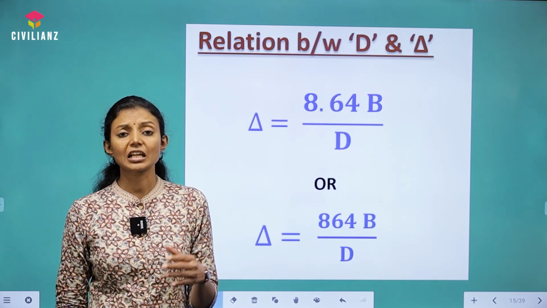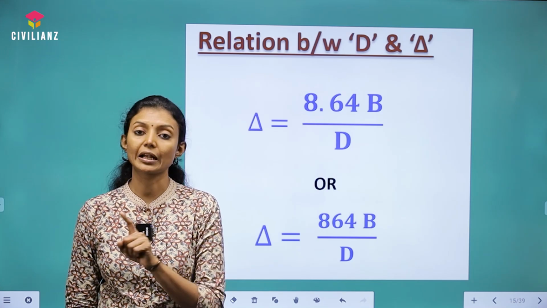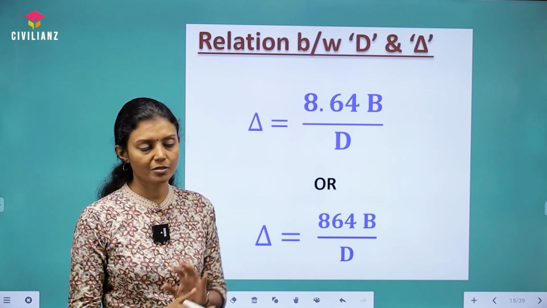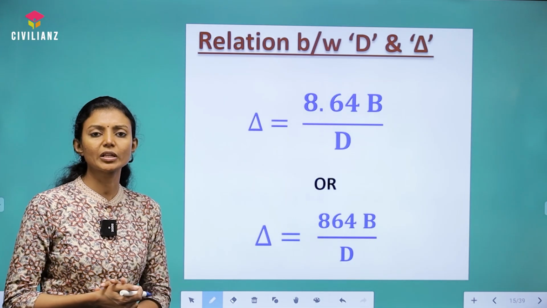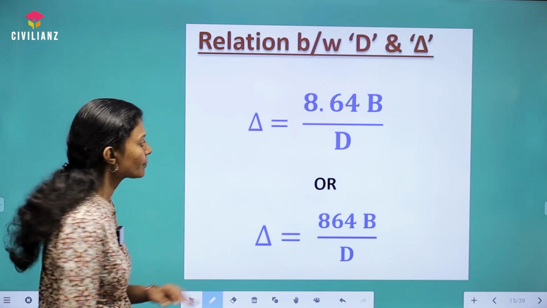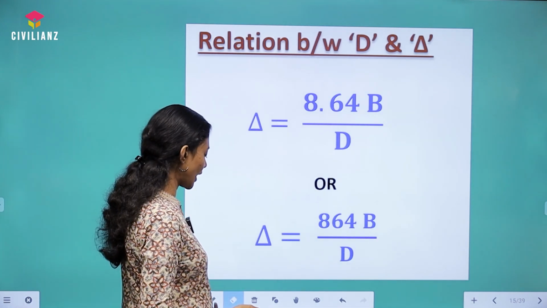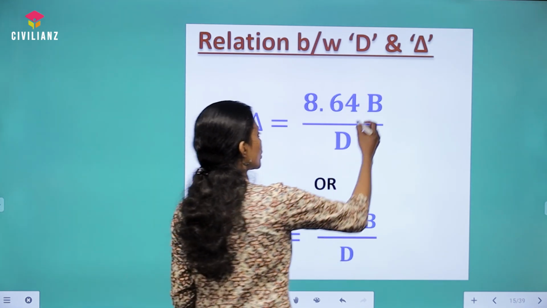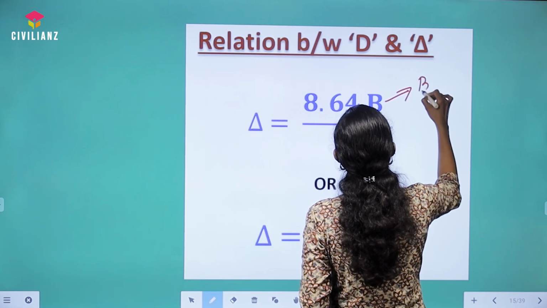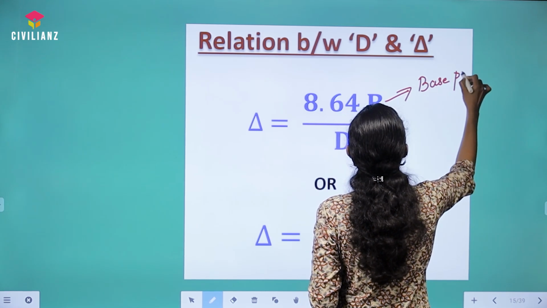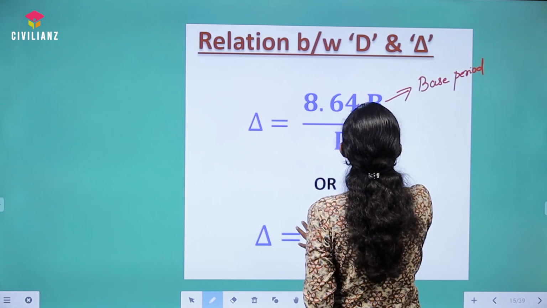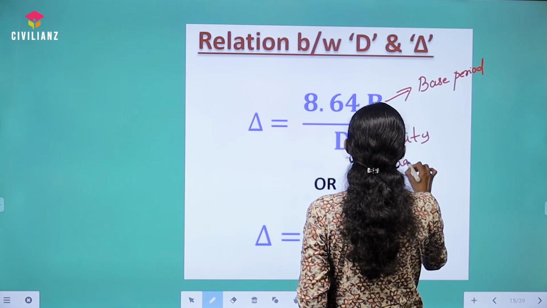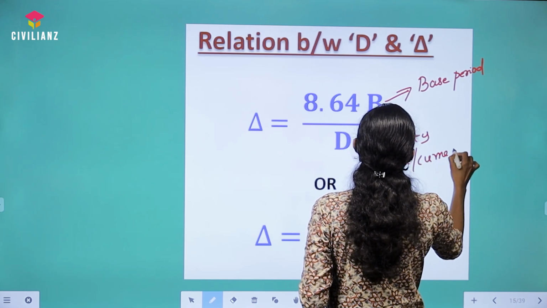Now, let us see the relationship between duty and delta. Here is where we are going to apply the equations for problems. This is a very famous relation. Delta is equal to 8.64 B by D. You all know that B stands for base period and D stands for duty, and the unit is hectares per cubic.